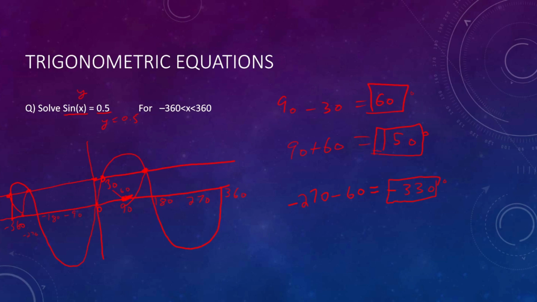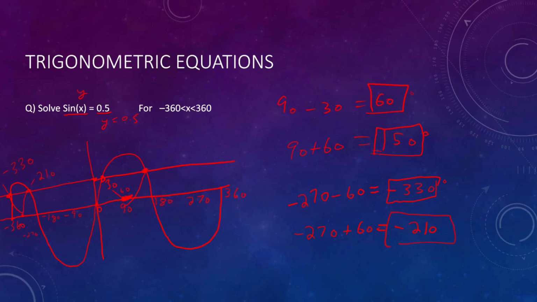Now same with the other answer, but I'm going to do minus 270 plus 60. This gives me the answer of minus 210. So this is minus 210, and this point is minus 330.